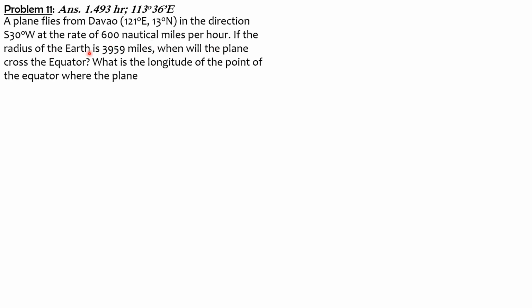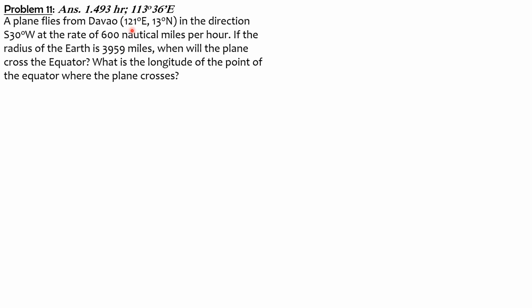If the radius of the Earth is 3,959 miles, when will the plane cross the equator? What is the longitude of the point of the equator where the plane crosses? So, other facts and information about spherical trigonometry, particularly on the terrestrial sphere: the radius is the same as the radius of the Earth, 3,959 miles, and 1 mile is 5,280 feet.